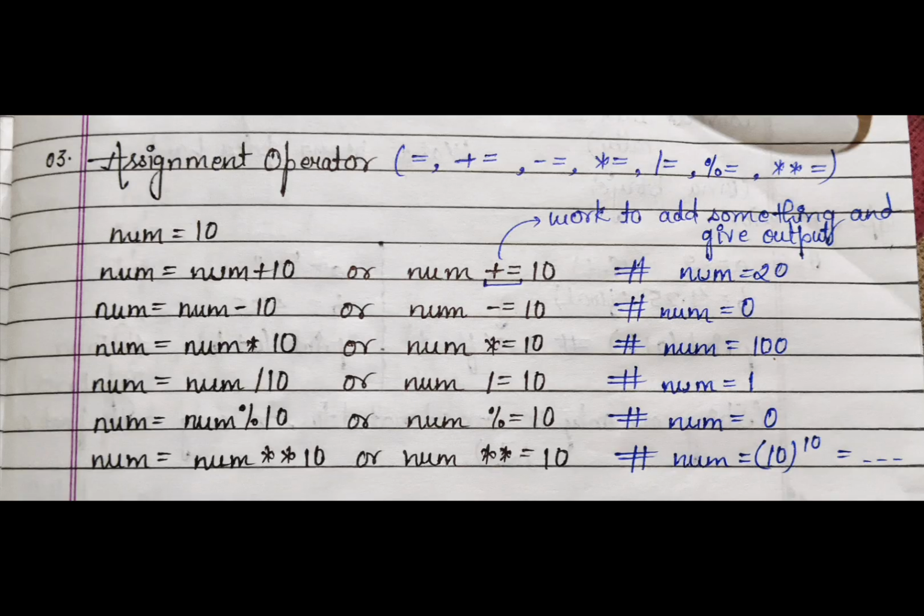The next one is num equals to num asterisk 10, or we can say num asterisk is equals to 10, which means that we are multiplying 10 into num, and num is equals to 10, so it means that we are multiplying 10 into 10, then the output will be 100. These are the works of the assignment operator, that we can write simpler code instead of a full line.